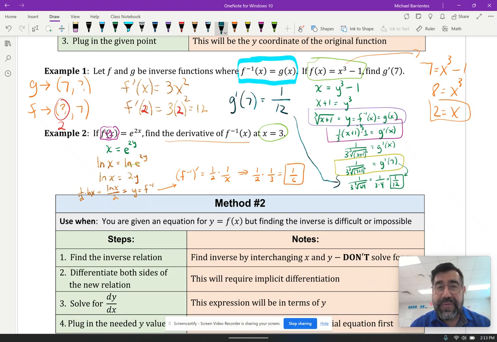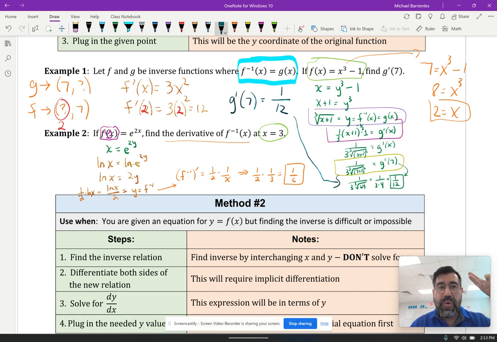A shorter method for sure, but a method where I have to be very careful about which value I'm given: is it in the domain of the inverse or is it in the domain of the original function? Most of the time, the value they're going to give you, like in example 1 here, this x value, is in the domain of the inverse.